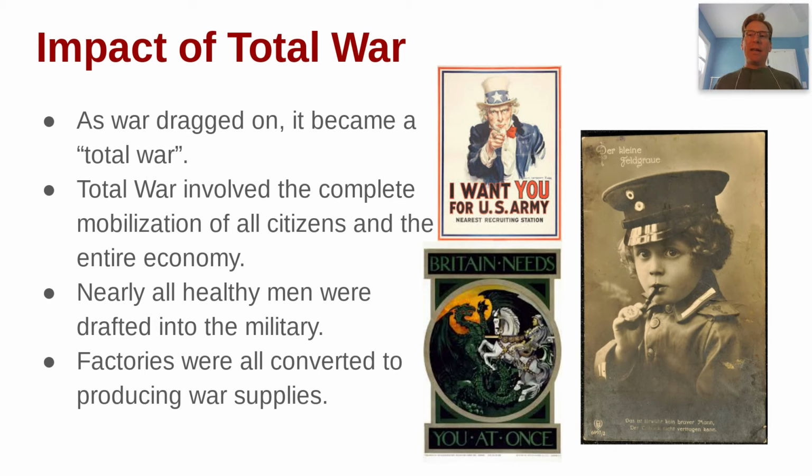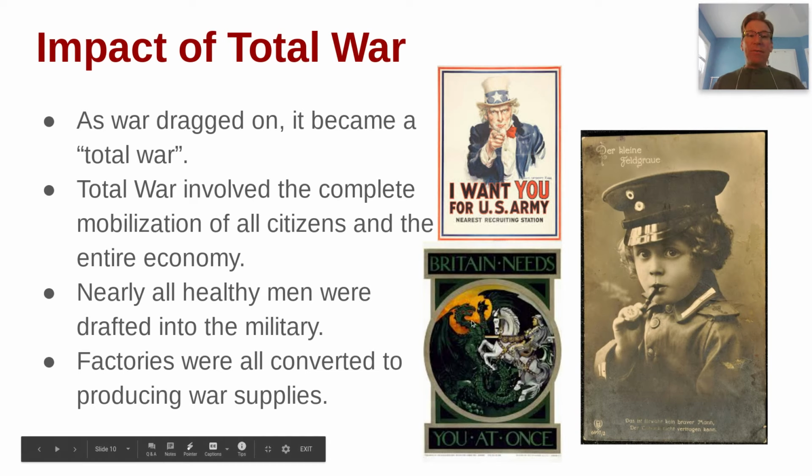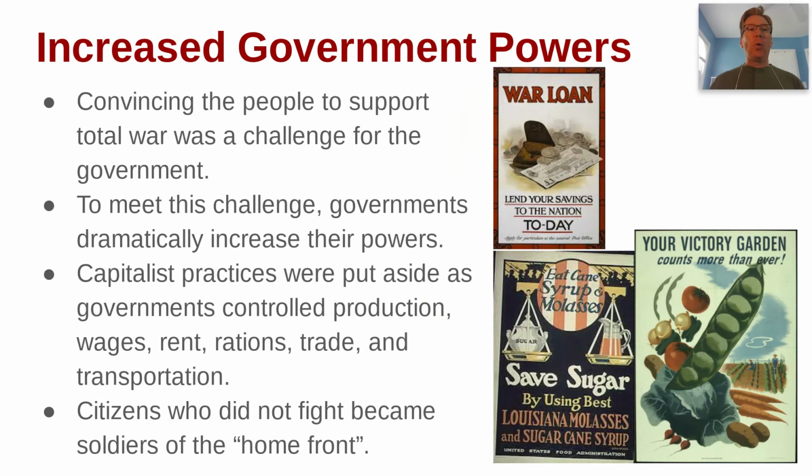This wouldn't be running around with a rifle, but delivering messages. They would use young children in wartime because the entire society needed to be mobilized and the casualties on the front were just astronomical. On top of that, factories are all converted to producing war supplies. It really does become a full society war.